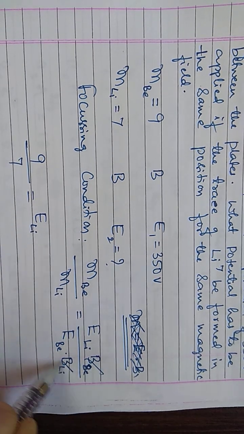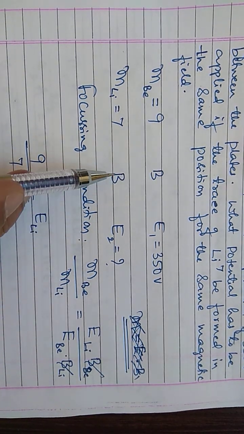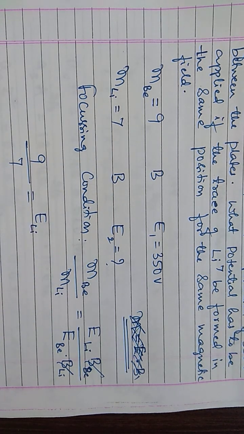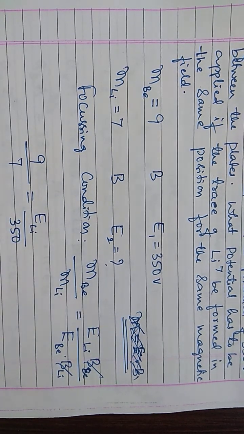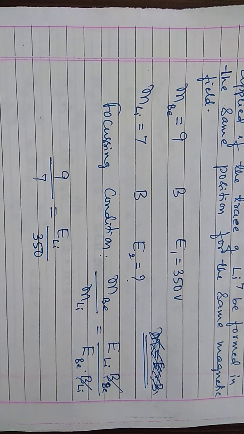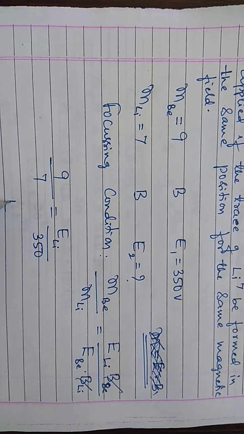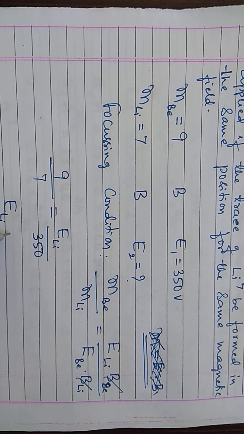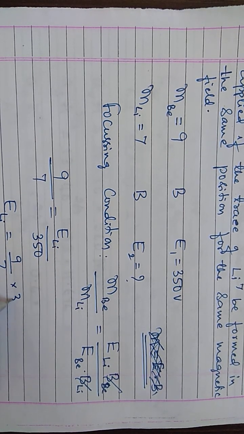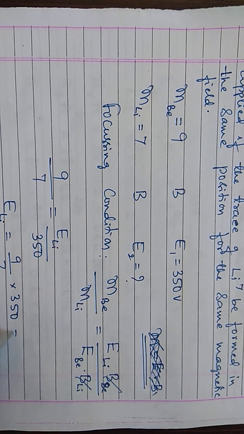These two get cancelled because the same magnetic field is applied here, divided by the EMF we apply for the beryllium, that is 350. Therefore, E for lithium is equal to 9 by 7 multiplied by 350. You are going to get 450 volts.